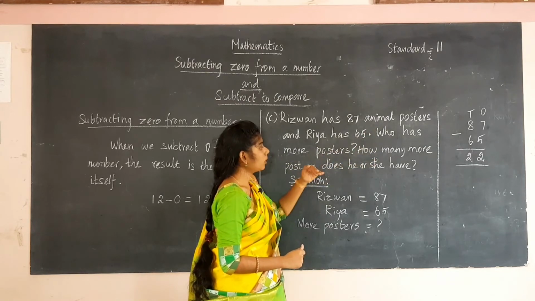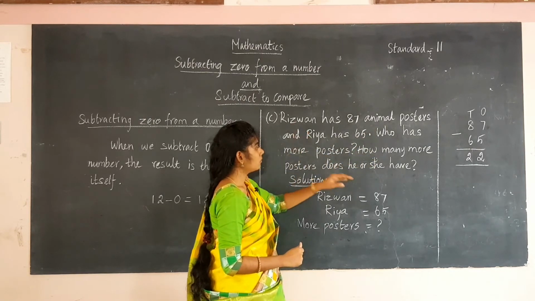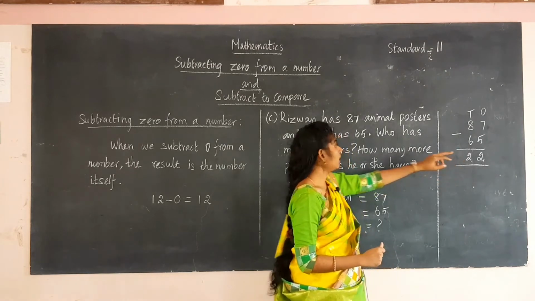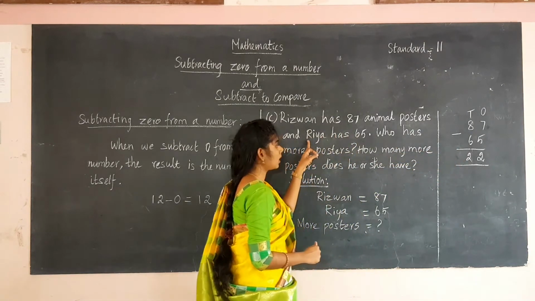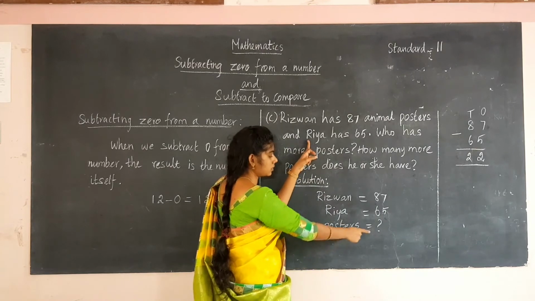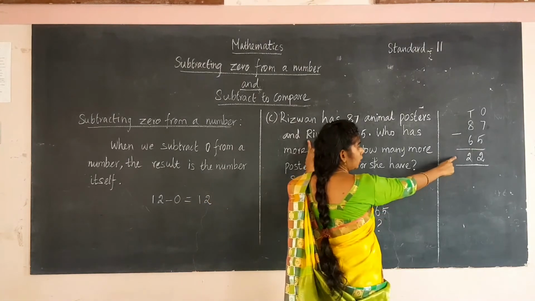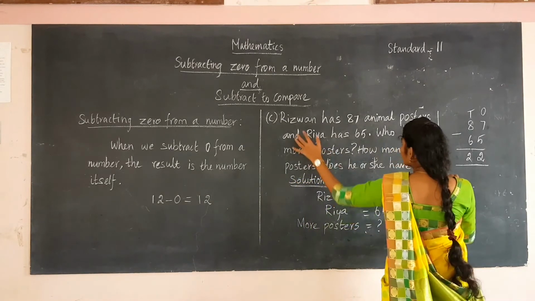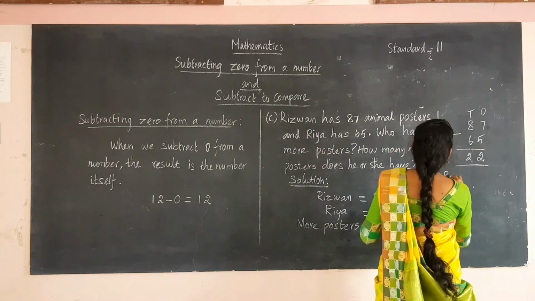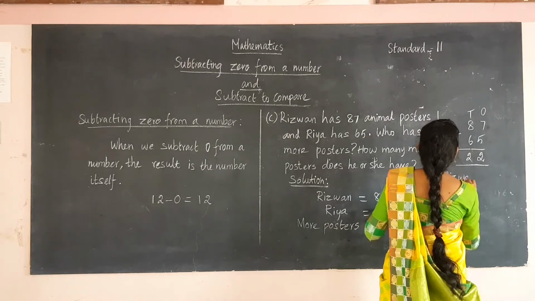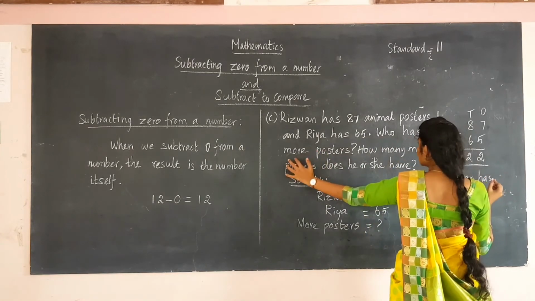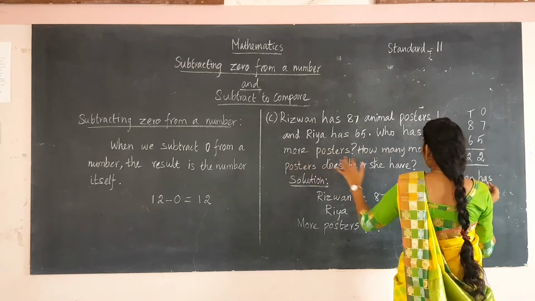How many more does Rizwan have? We have found that Rizwan has 22 more posters than Riya. So write the answer as Rizwan has more. Right from the question itself, Rizwan has more posters.